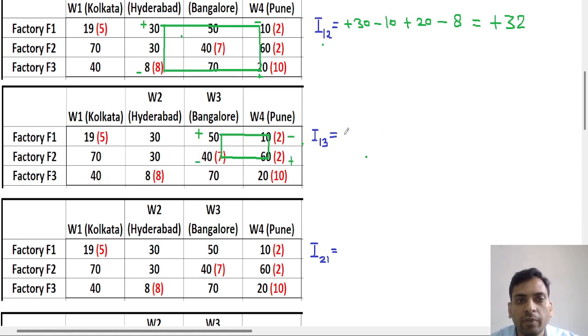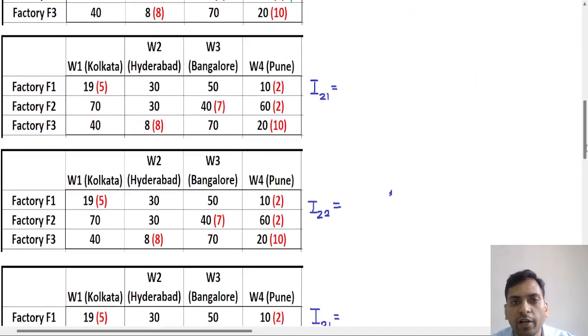So the total incremental cost is plus 50. Second is this minus 10. Next is plus 60. Next is minus 40. So the total is plus 60.